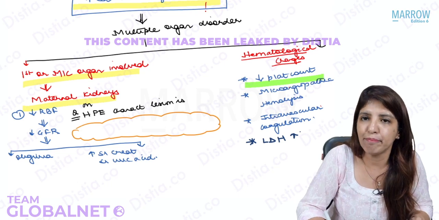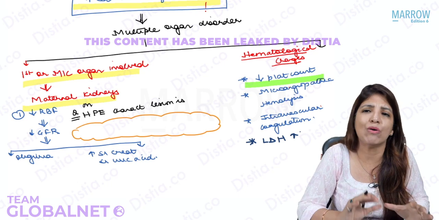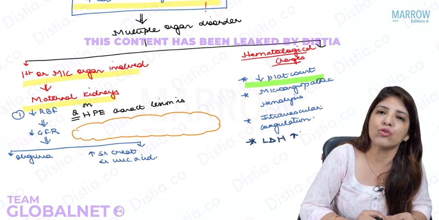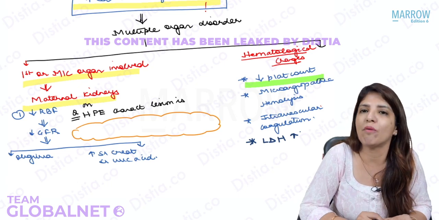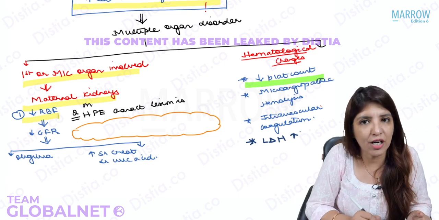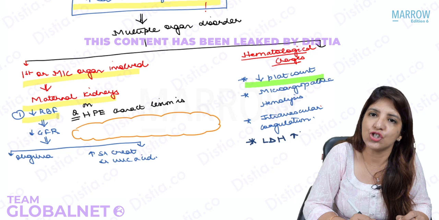Now, because in PIH, there is hemoconcentration, because of which the amount of blood flow to all the organs is going to decrease. Now, because the amount of blood flow to all the organs decreases, the amount of blood coming to the kidney will also decrease. So there will be decreased renal blood flow. And because there will be decreased renal blood flow, there will be decreased GFR.